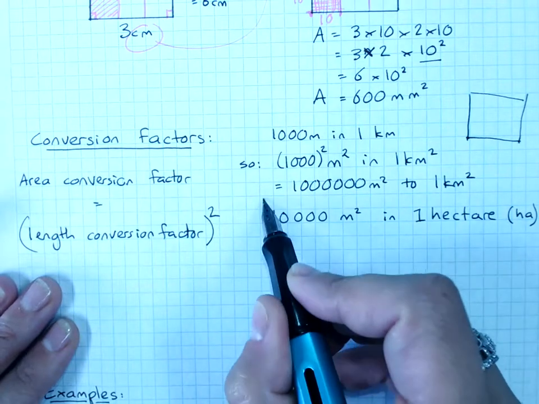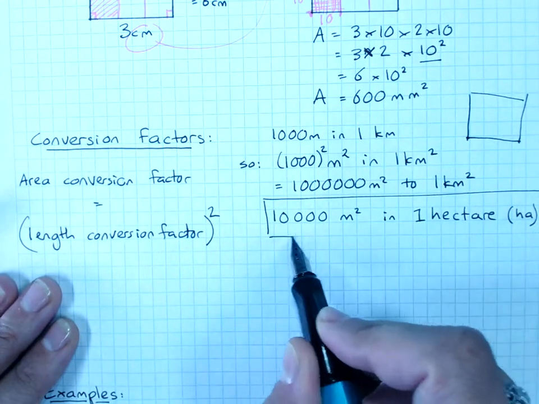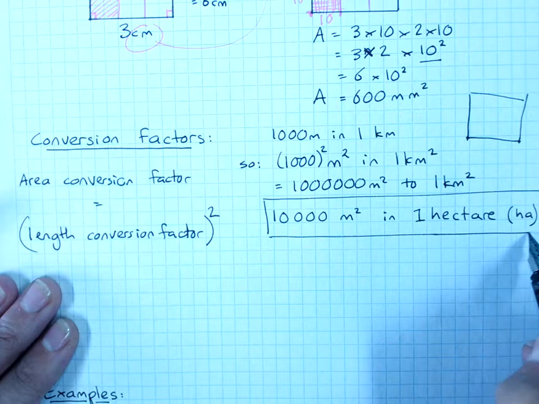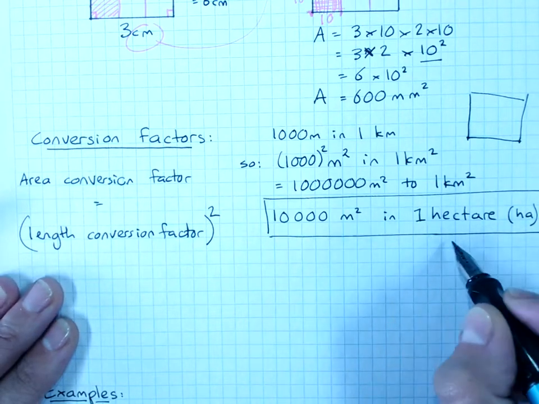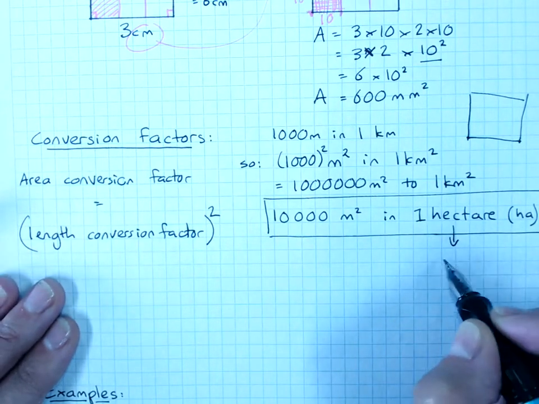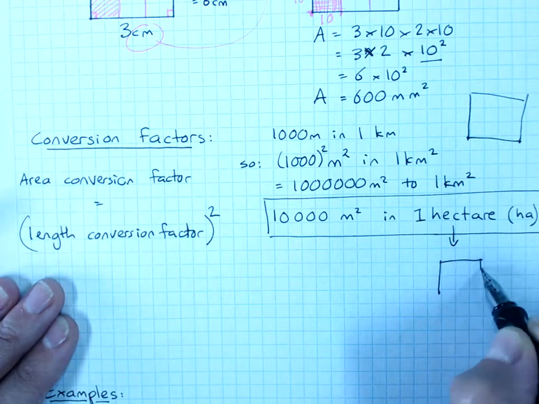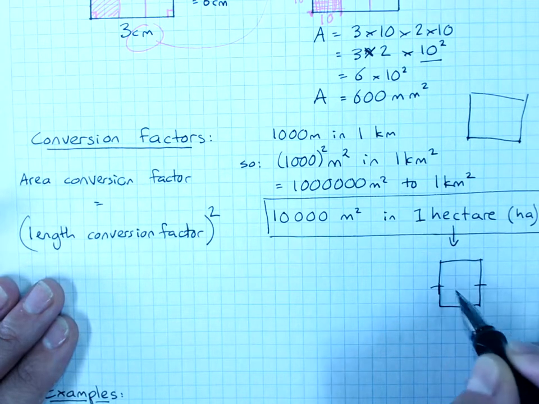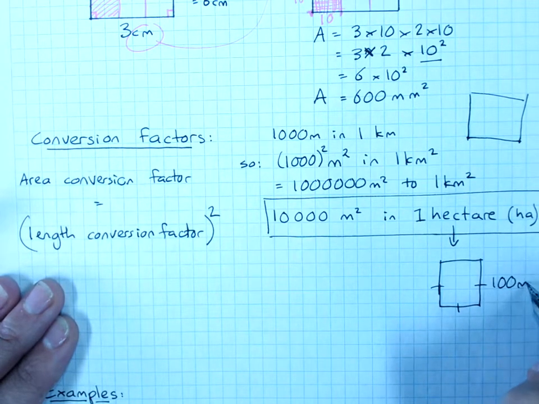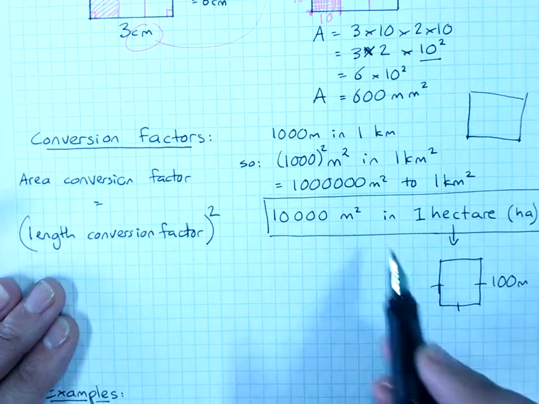I've just popped in a little reminder that there's 10,000 meters squared in a hectare. So 1 hectare is the amount of space that you would have in a square with sides of 100 meters, because 100 times 100 is 10,000.